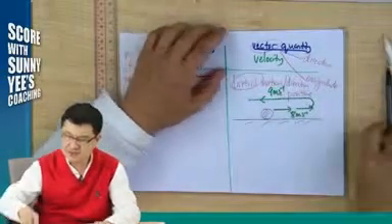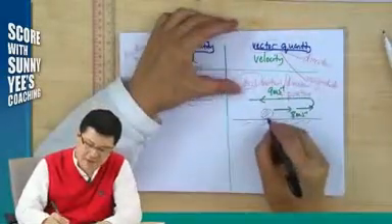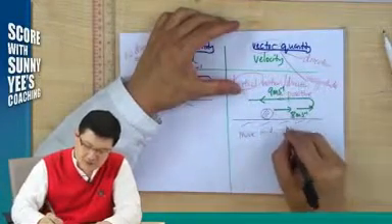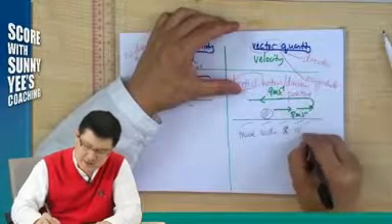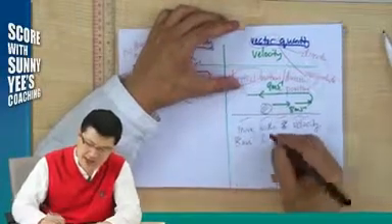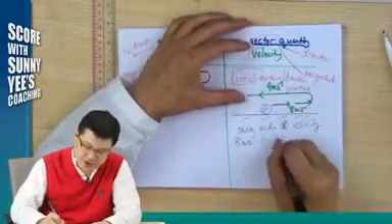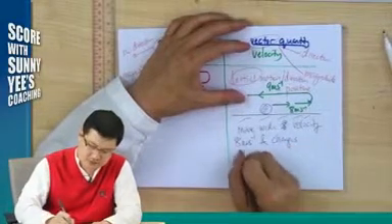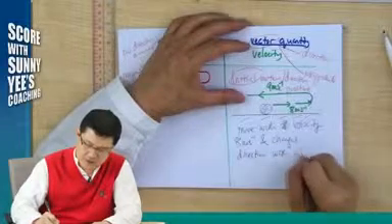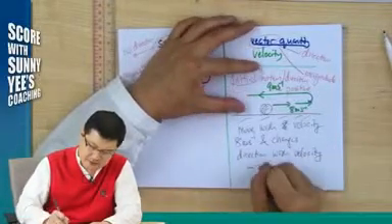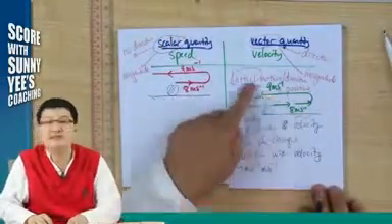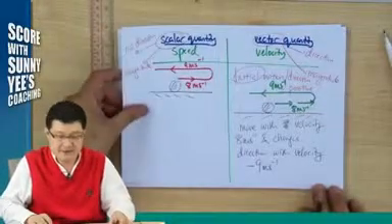So we can say that this particle moves with velocity 8 meters per second and changes direction with velocity -9 meters per second, because that -9 will tell us that the direction has changed. All right?